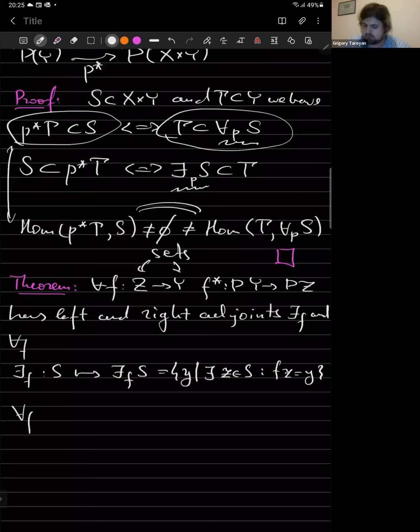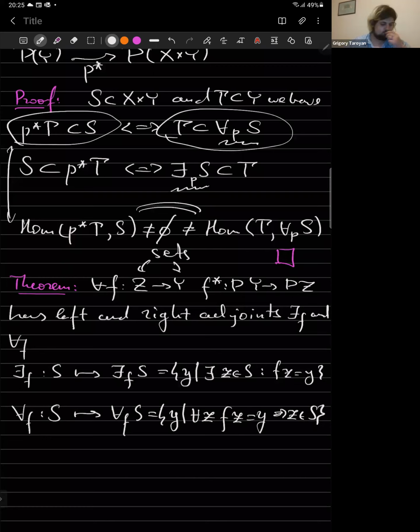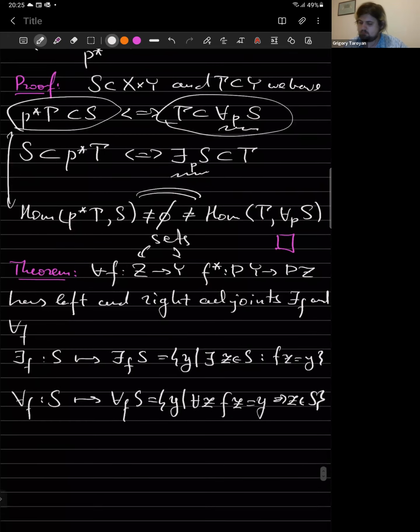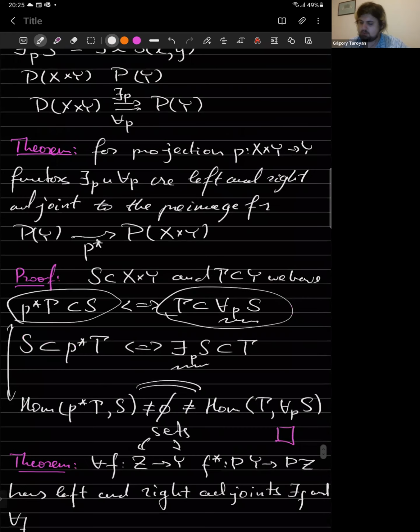And for any sub f is defined similarly to for any sub p. Yeah, so the proof is verbatim the same as for this theorem.